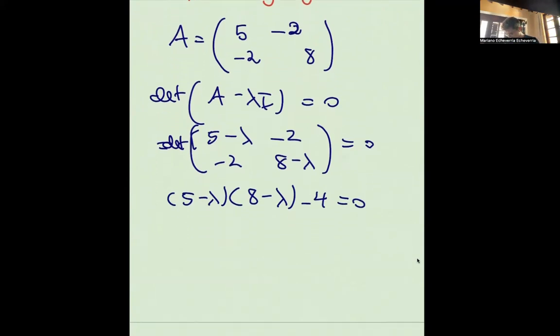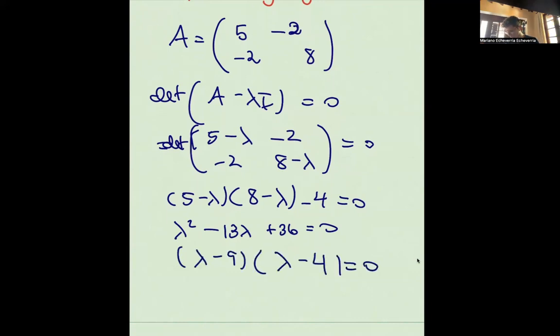And this is lambda squared minus 13 lambda plus 36 equals 0, I believe. And this is lambda minus 9 times lambda minus 4 equals 0.